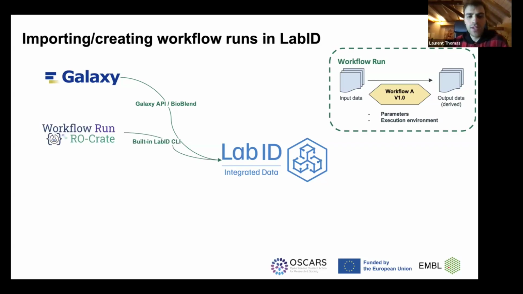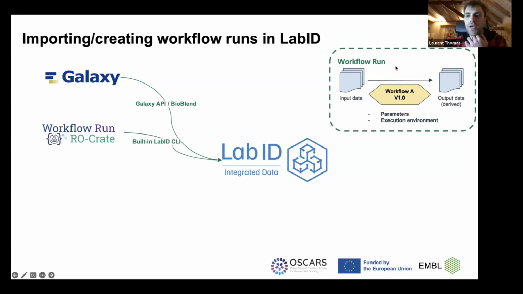For other workflow engines, if the engine can generate a so-called Workflow Run RO-Crate, which is another flavor of RO-Crate for workflow runs, so basically a package of the workflow and all the data involved in the run, we implemented in our command line interface a parser for such a package.